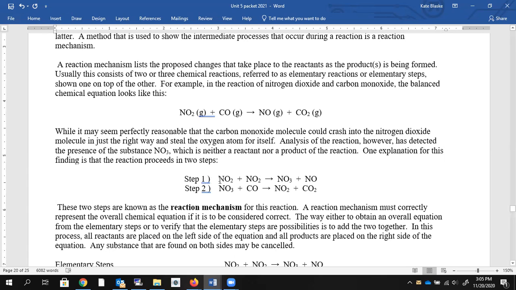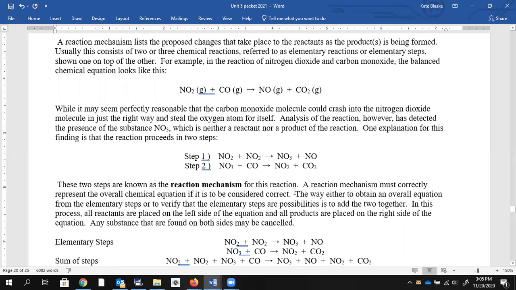In one step, 2 nitrogen dioxides combine together to make nitrogen monoxide and nitrogen trioxide, and then that nitrogen trioxide reacts with the carbon monoxide to make the NO2 and then the carbon dioxide. Those 2 steps put together give us our complete overall reaction.